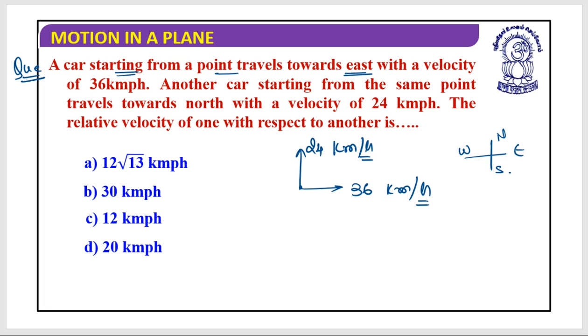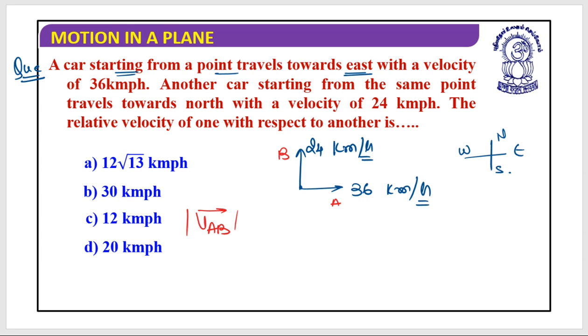We want the relative velocity of one with respect to other. Let's say this is car A, this is car B. What I want is the relative velocity of A with respect to B. Here I'm interested in magnitude only.